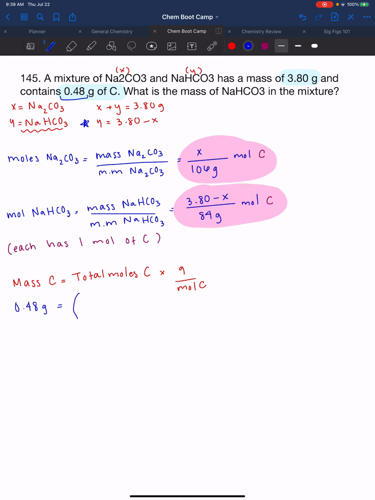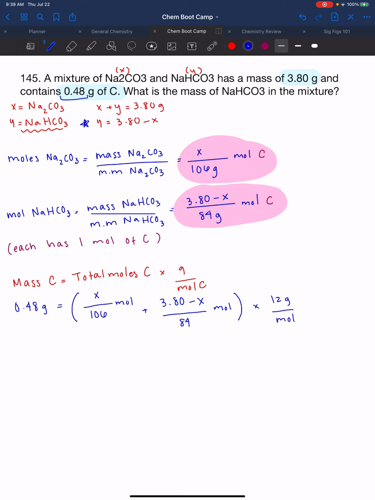So we're going to get X over 106 moles. I'm just going to omit writing the grams just so that we don't confuse each other. And 3.80 minus X over 84 moles times the AMU of carbon, which is 12 grams per mole.